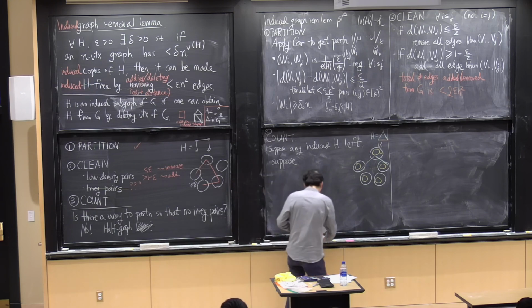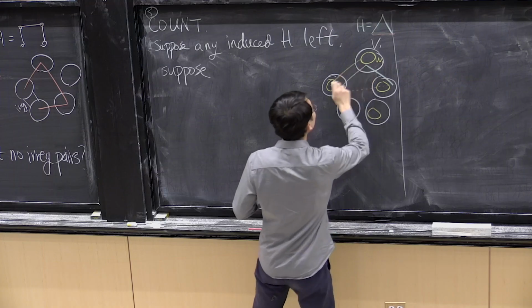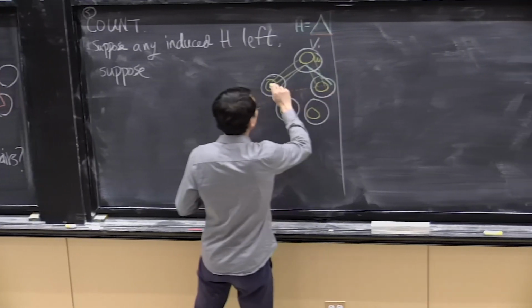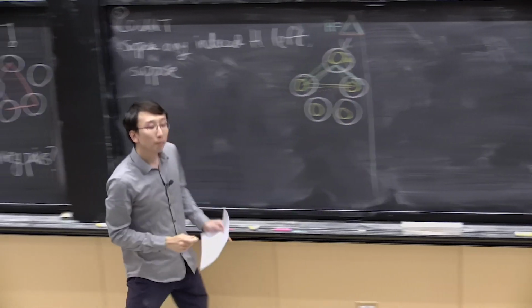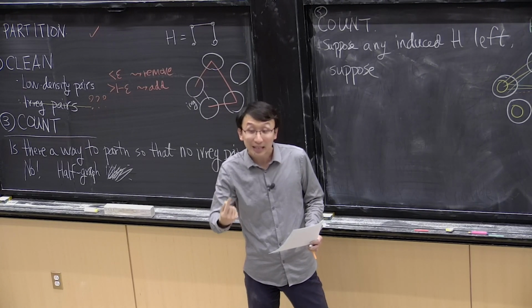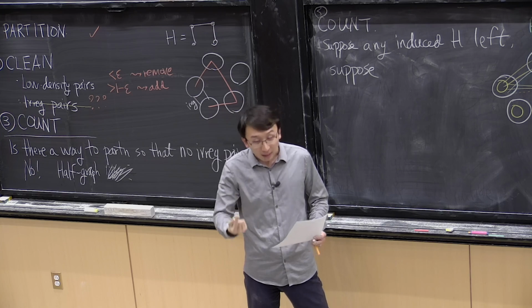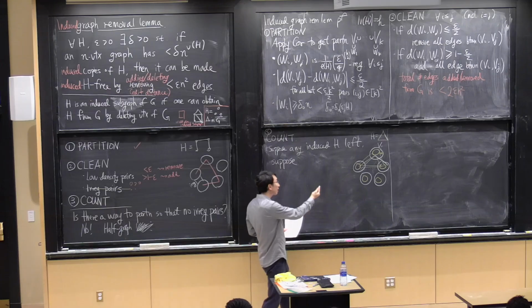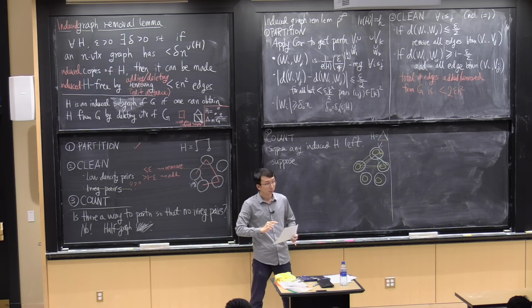Because between the yellow parts, you have regularity, and you also have the right kinds of densities. Because if they didn't have the right kind of density, we would have cleaned it up already. So that's the idea.